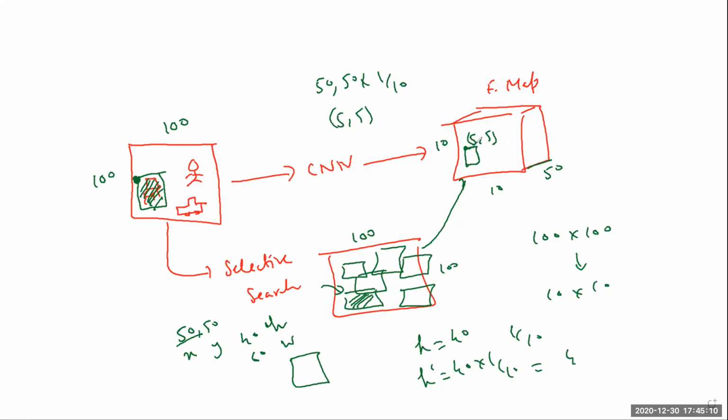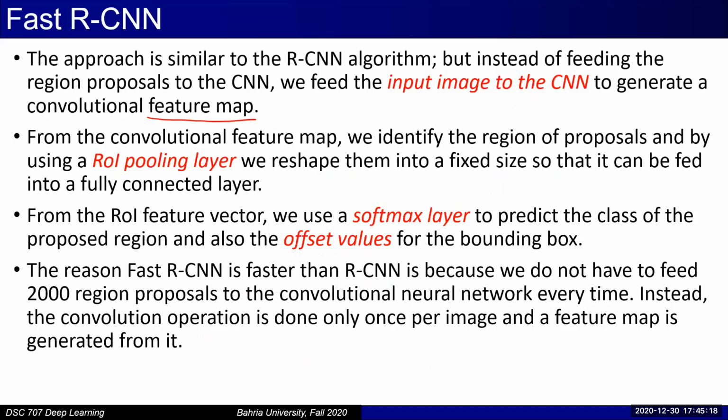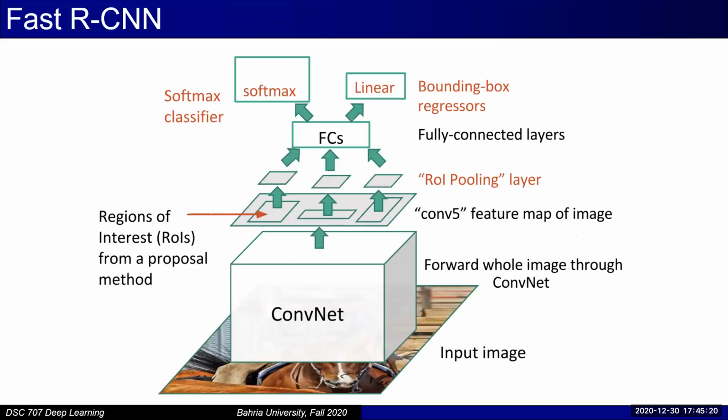Now I'll go back to the slides and repeat this idea so that you understand fully what we are trying to do here. This is the general idea: you have an image, and you are feeding that image only once to the CNN. At the same time you are feeding this image to selective search.